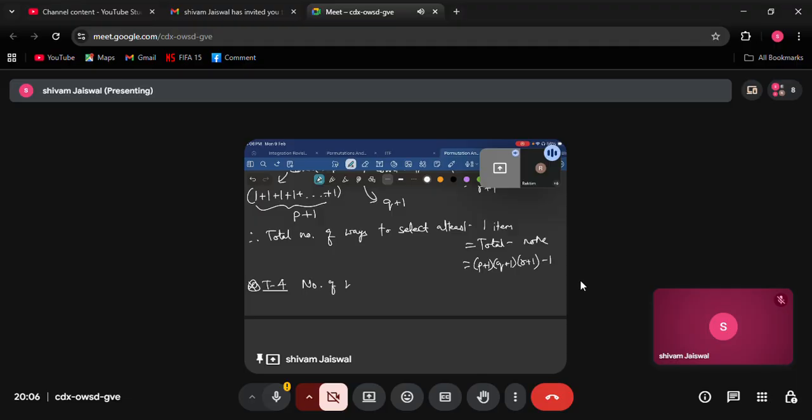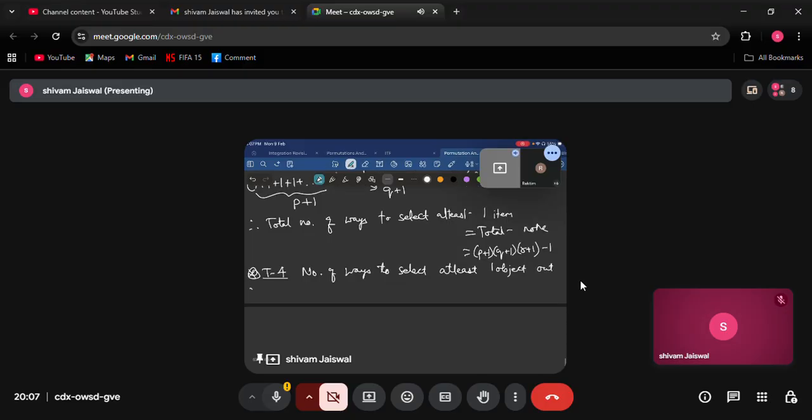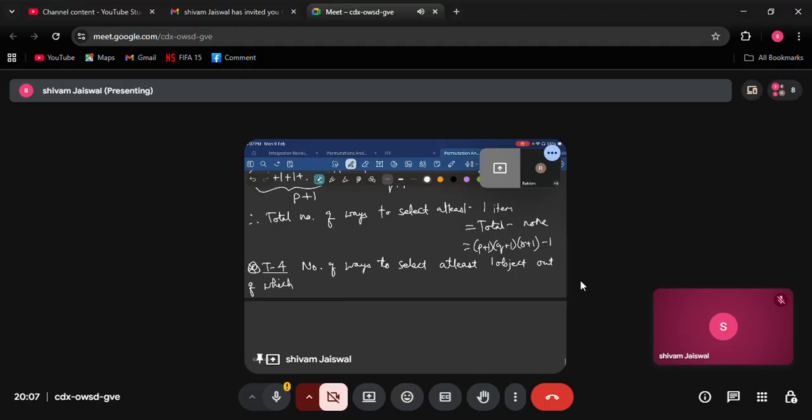Number of ways to select at least one object, out of which P are alike of one kind, Q alike of another kind, and R objects alike of another kind.